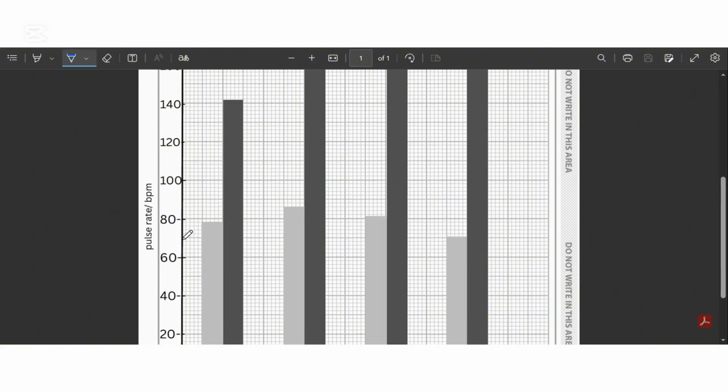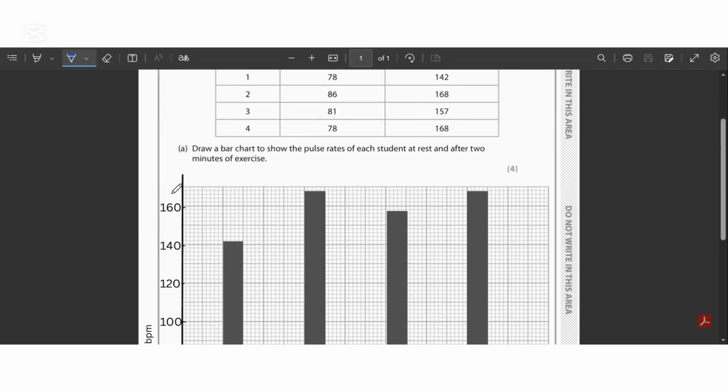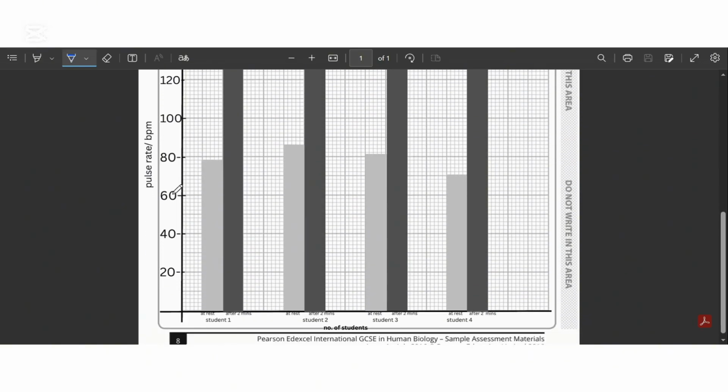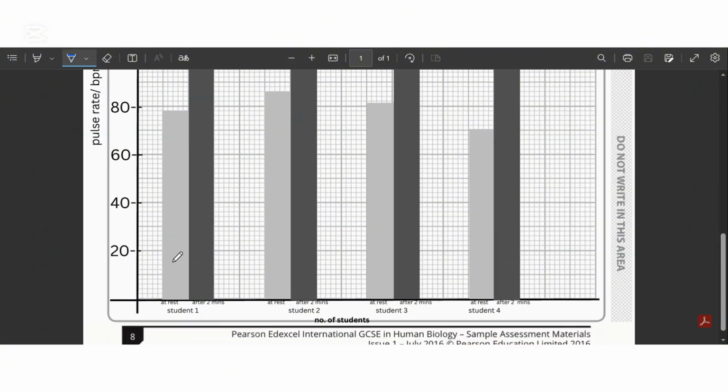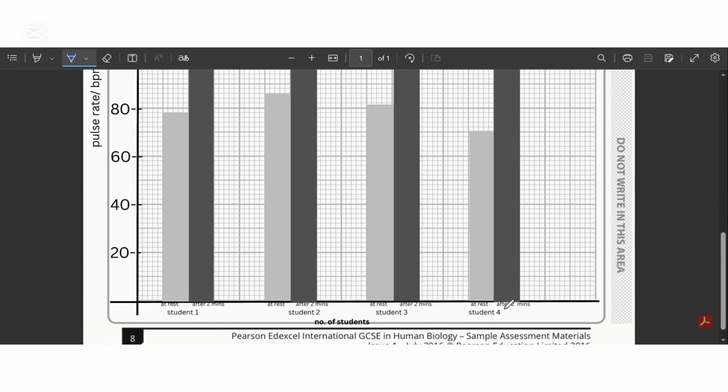I have chosen a suitable scale of 20 per interval. All right, and here I have plotted 2 bars for each student, one at rest and one after 2 minutes, for student 1, 2, 3, and 4.